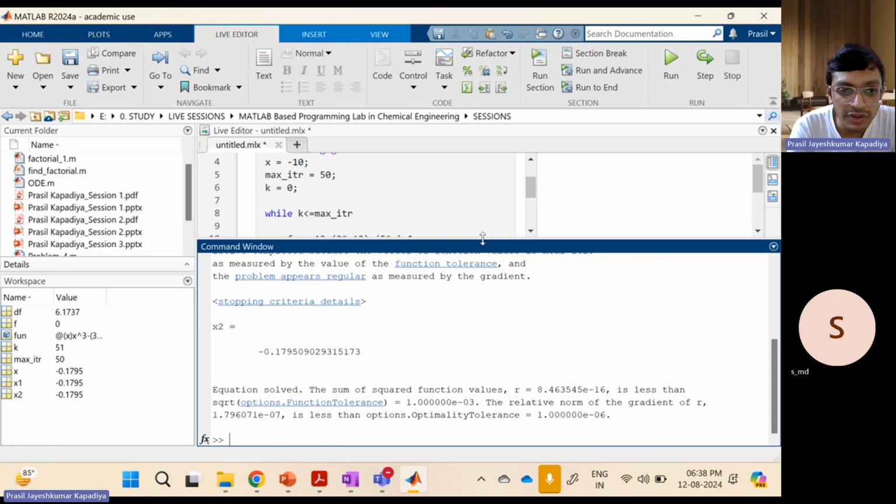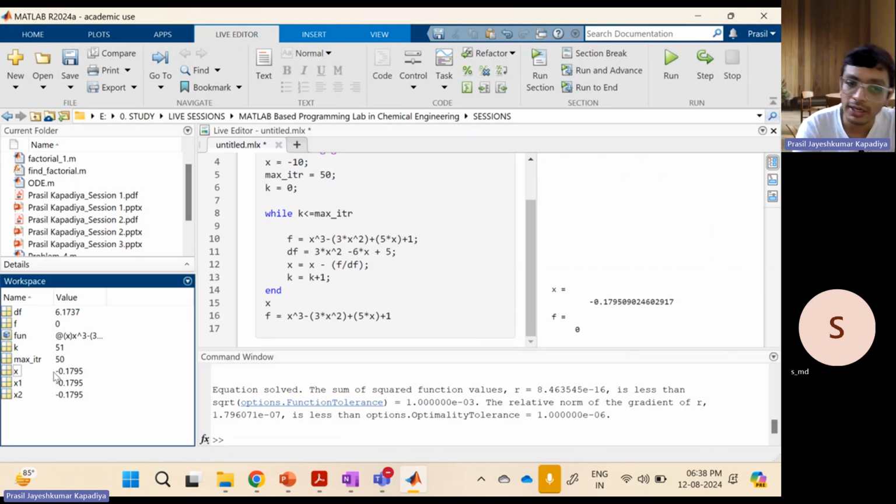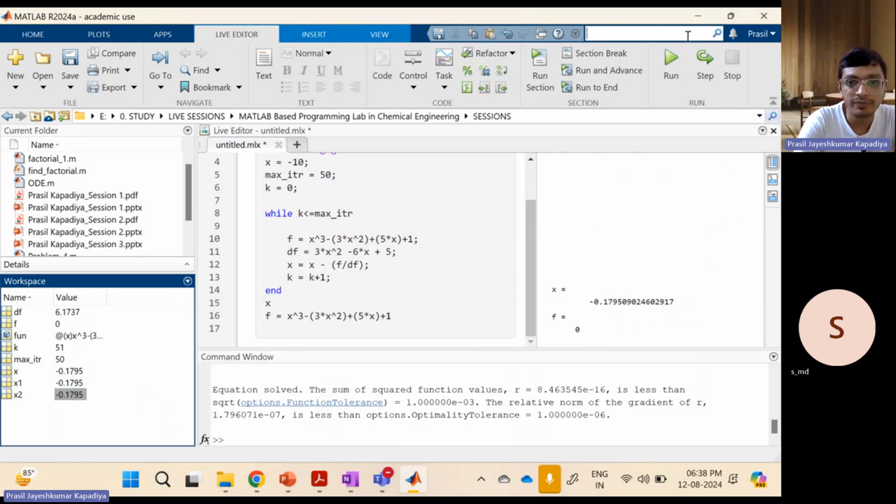So this was one way to solve. See, this x is using Newton-Raphson, minus 0.1795, x1 using the fzero command, x2 using the fsolve command, and there is one more command to solve this equation. It is called roots.